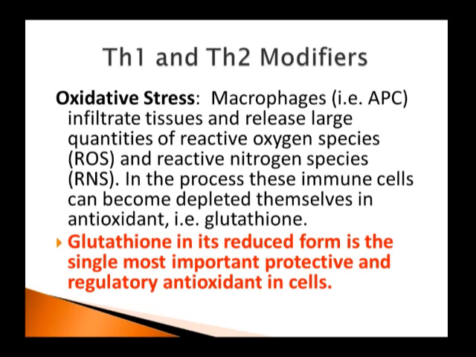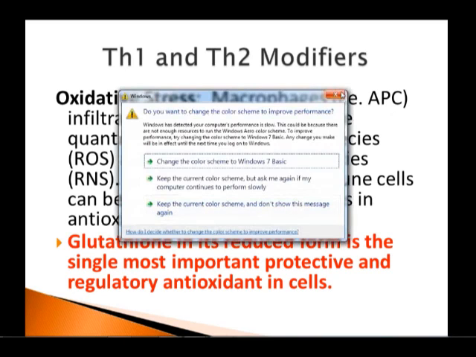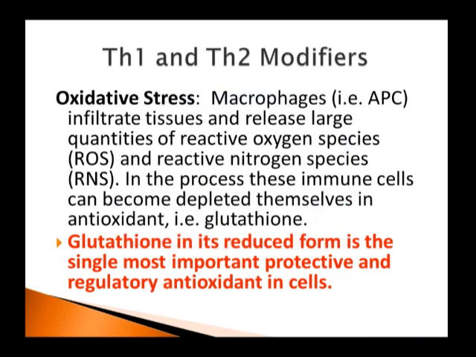Well, what are some other things that help to modify this immune response, this balance between Th1 and Th2? Well, it turns out that oxidative stress causes a tremendous imbalance within the immune system, and that the chemical glutathione is one of the single most important protective and regulatory antioxidants in our cells.